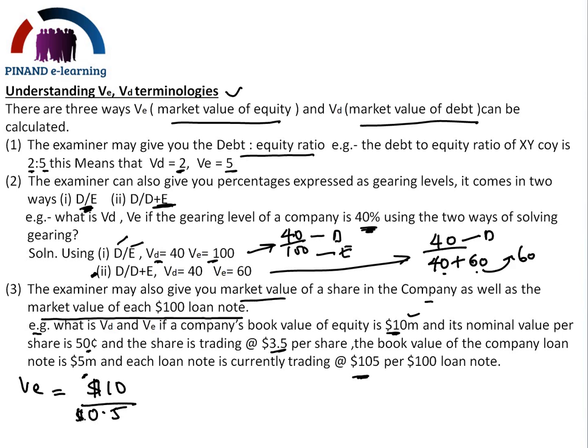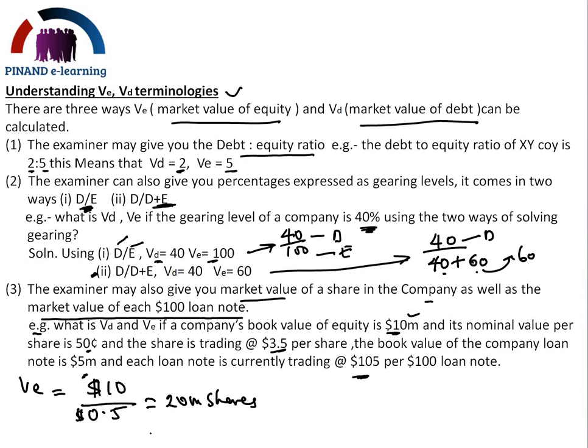Since the numerator is in dollars, I had to convert the cents to dollars, which is $0.5, so I can make a correct division. Now, if I do this, this will give me 20 million shares in the company.